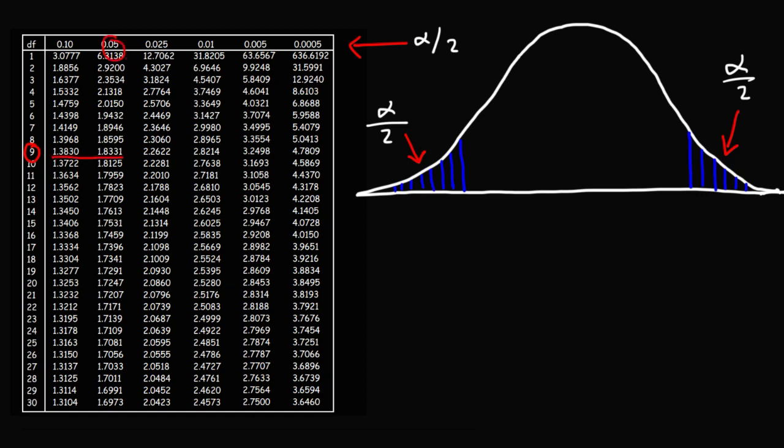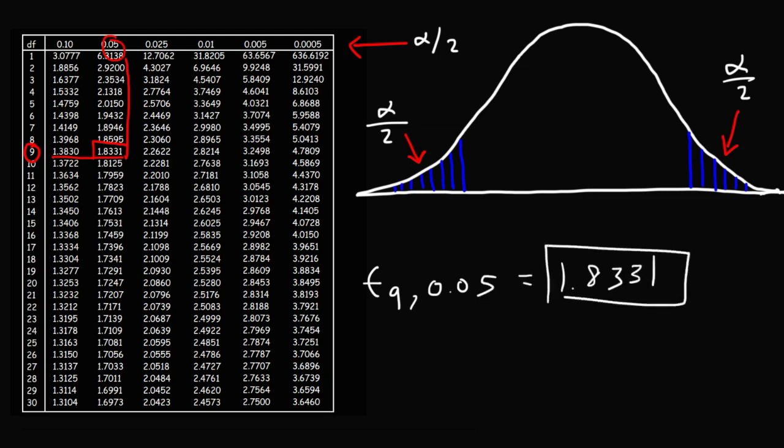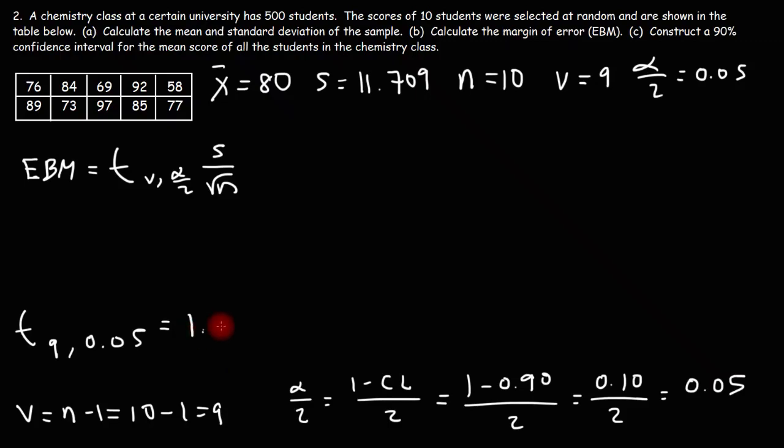So we can see that that's going to give us this number, 1.8331. So when we have 9 degrees of freedom and an alpha over 2 value of 0.05, this is going to be our t-score, 1.8331. So let's go ahead and write it here.